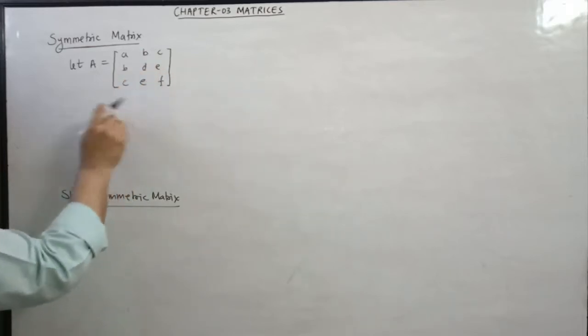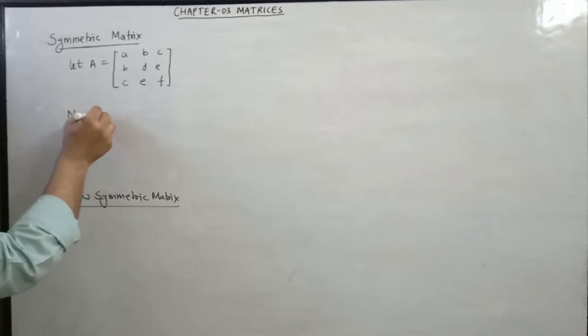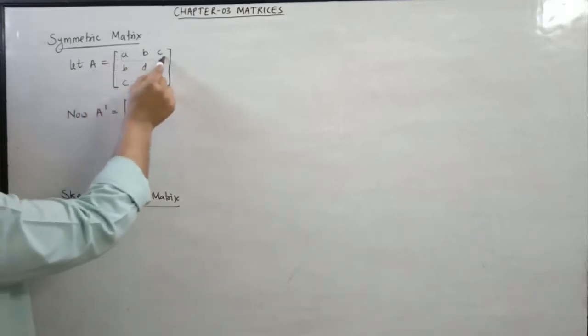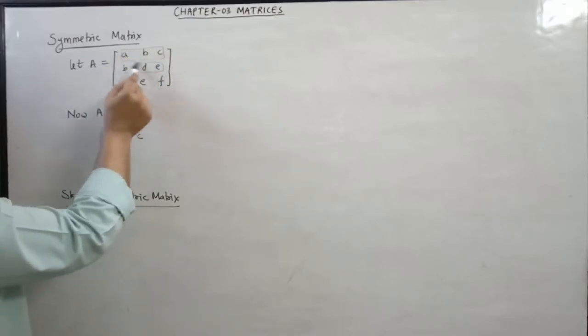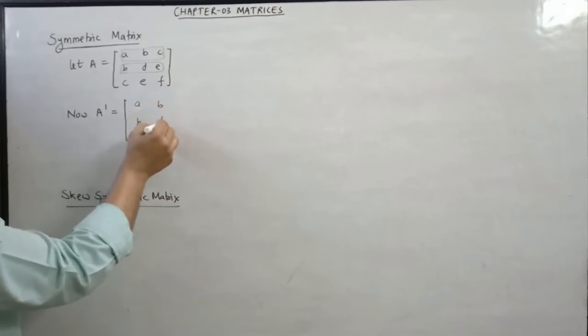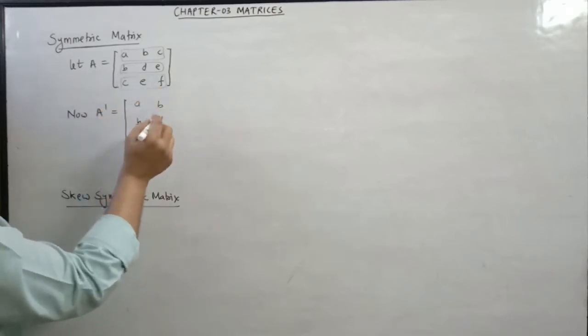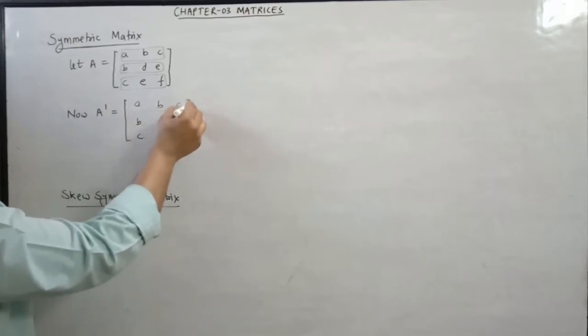Okay, now when you are taking its transpose, what is A dash, the transpose of this matrix? So what you have to do, you have to write the first row as first column A, B, C, then second row as second column B, D, E, and then third row as third column, that is C, E, and F. Now what is happening?